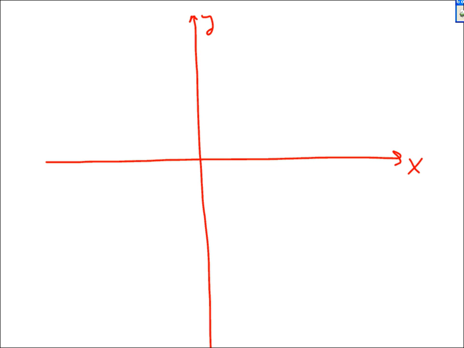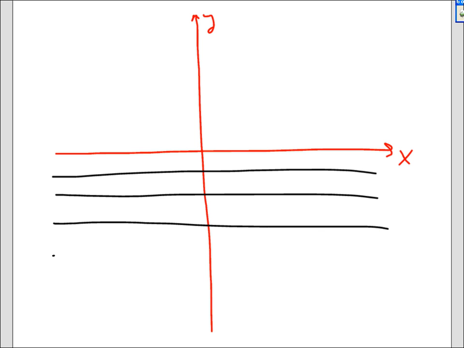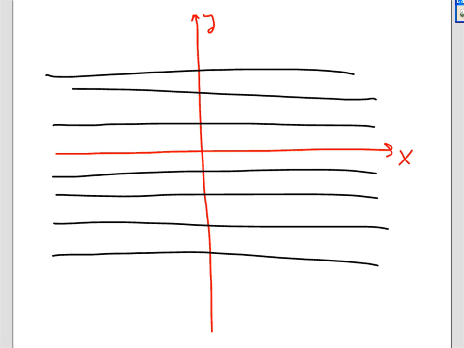And here's your grid. I'll draw it as well as I can. Okay, so what's in red? Those are your axes.